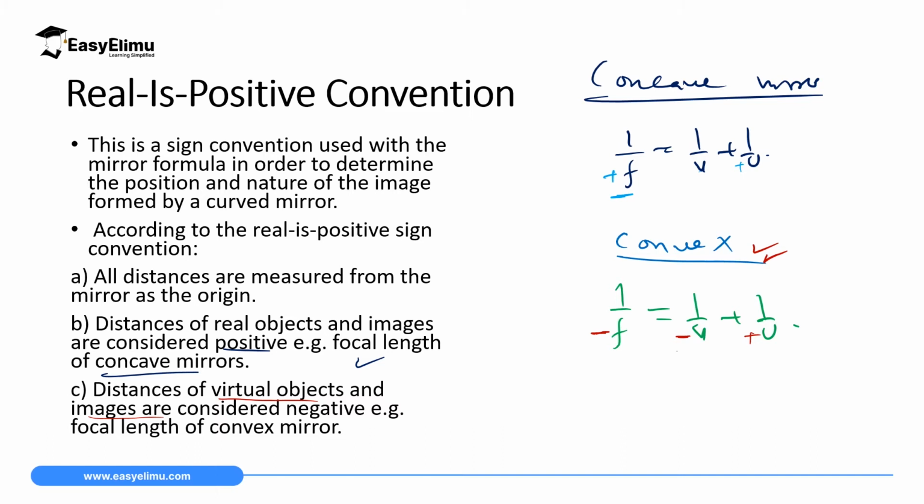If you use a mirror formula and you get V as negative, it means you are using either a convex mirror, which always forms images behind the mirror, or you are using a concave mirror where the object is placed between F and P. So if you are told that you are using a concave mirror and you get V as negative, then automatically it means the object is in between P and F. Otherwise, if you are using a mirror and you get V as negative, then the mirror that you are using is a convex.